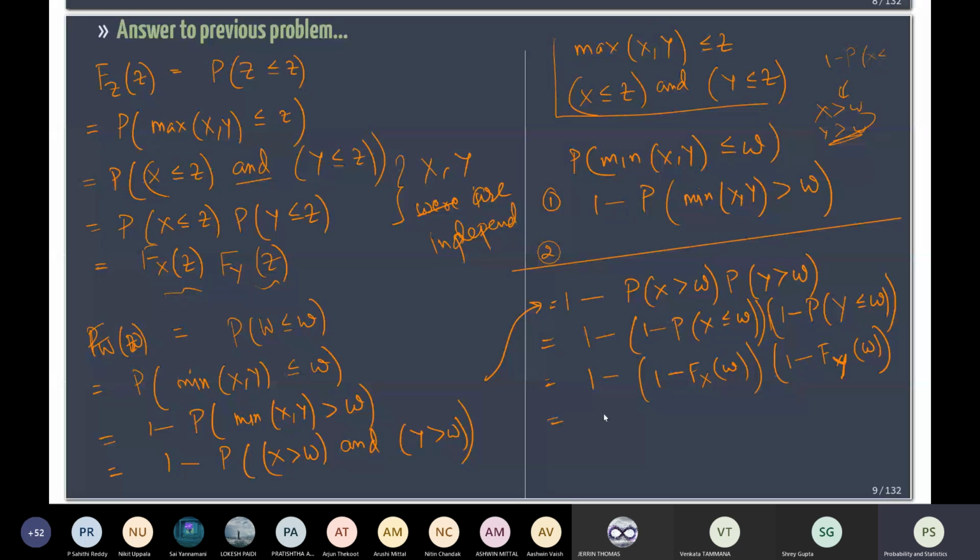So if we write this down, then this is F_X(W) plus F_Y(W) minus F_X(W) F_Y(W). Okay, so we can leave it here. So this is the CDF of the function of the random variables here. Okay, so we can keep this here.